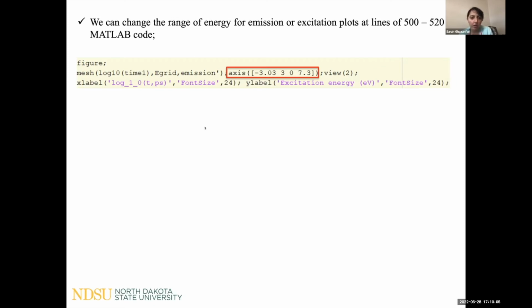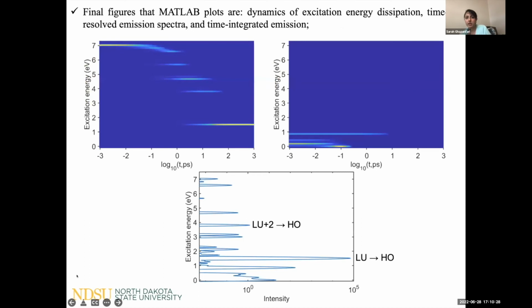In this case, for the minimum x we want minus 3.03, the maximum of the x-axis is 3 electron volts, and for the y-axis we want the range from 0 to 7.3 electron volts. So I'm done. Thank you.